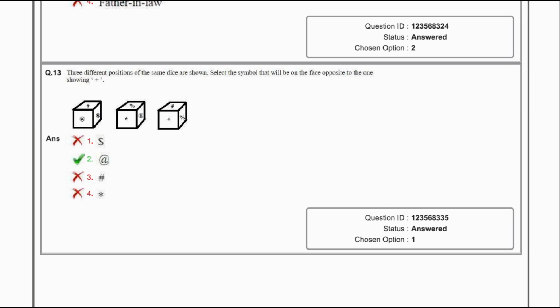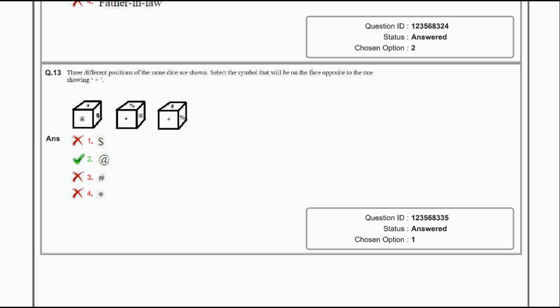So you notice that there will be hashtag in the first dice, hashtag, @ and $. So in the opposite side there will be a plus sign over there, as percentage will be corresponding to hashtag, or over the adjacent faces of the hashtag.